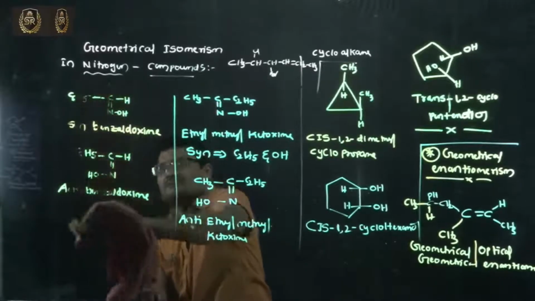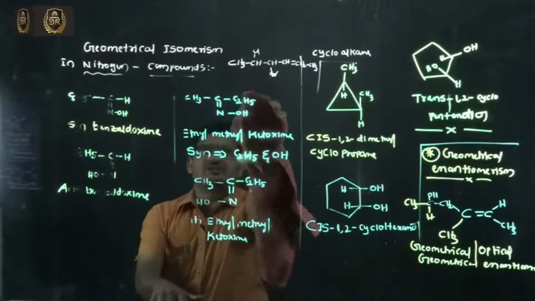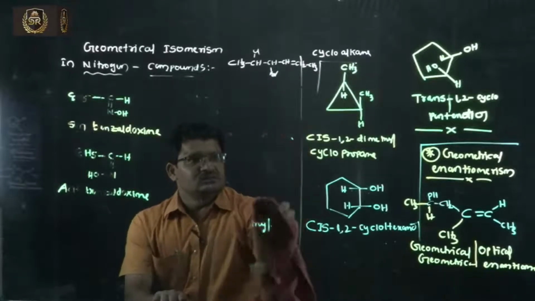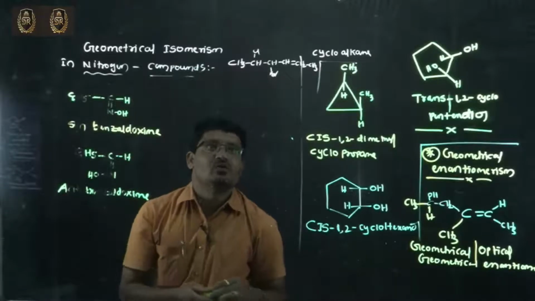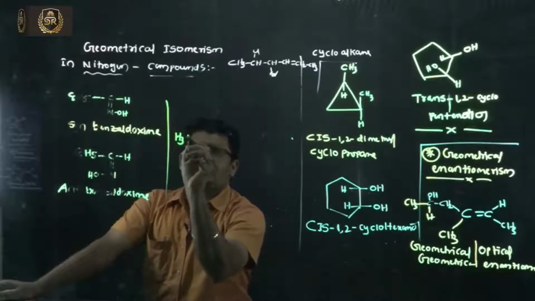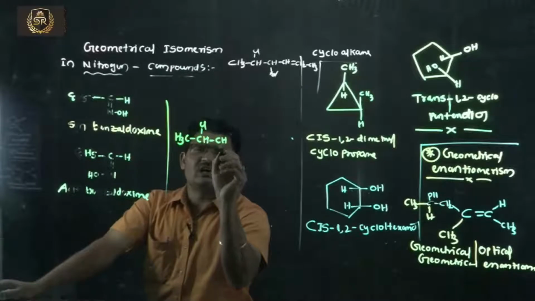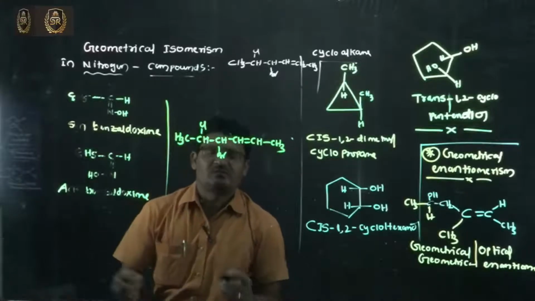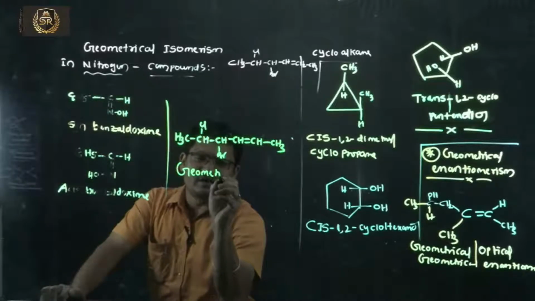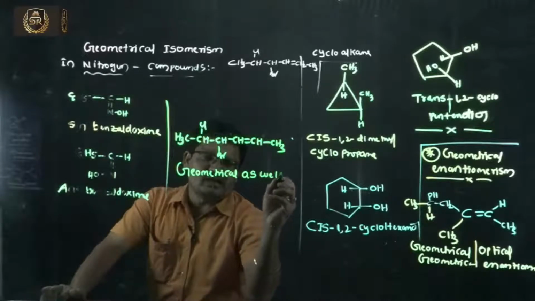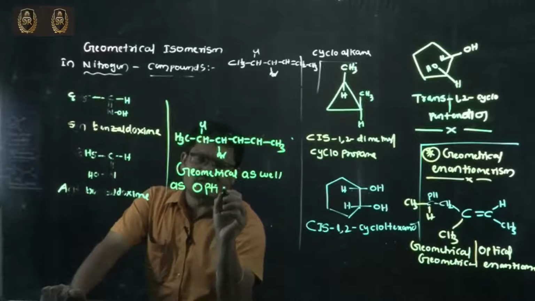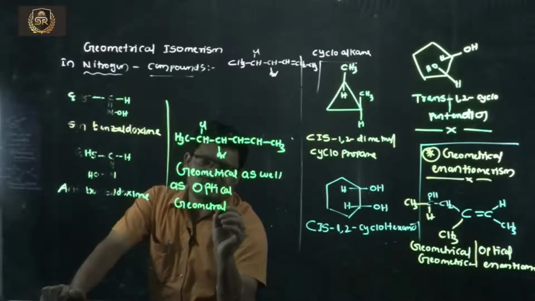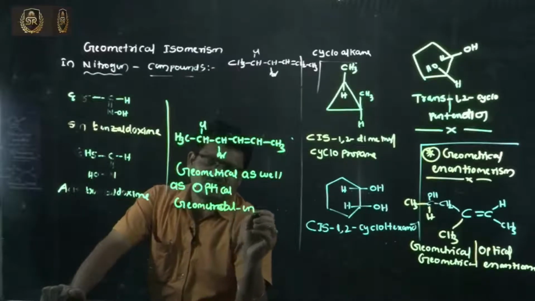One more example of that. Like this is the example above: CH3, CHCl, CHBr, CH, CH3. This example shows geometrical as well as optical isomerism. That's why it is called geometrical enantiomers.